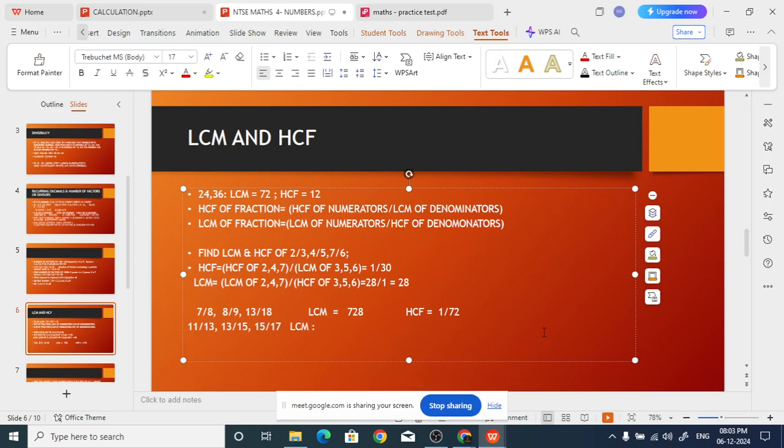Option A is 1234, B is 1 by 2456, like that. C, 1 by 728. D, 1 by 144. So which one may be correct?